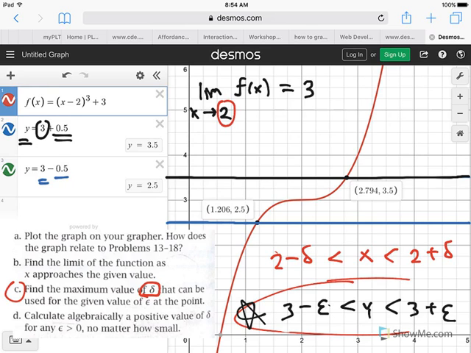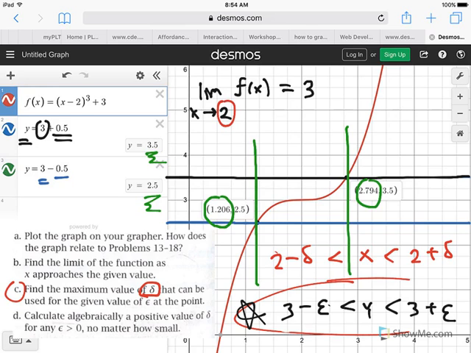Well, if you look at these two vertical lines that I'm showing in green here, you can see that when the input values are between 1.206 and 2.794, the output values will be within the range from 2.5 to 3.5, or within a half unit of the limit, within epsilon of the limit.